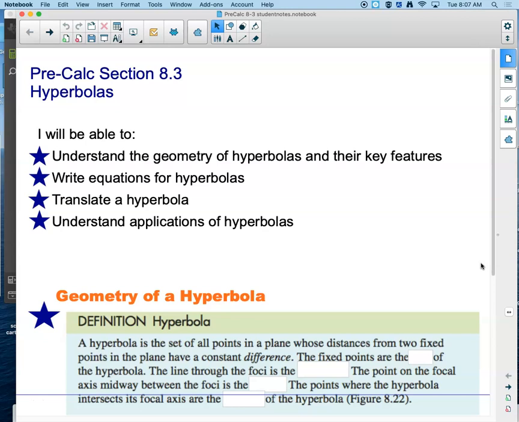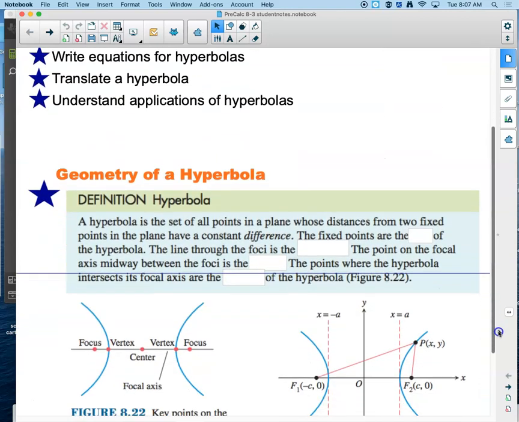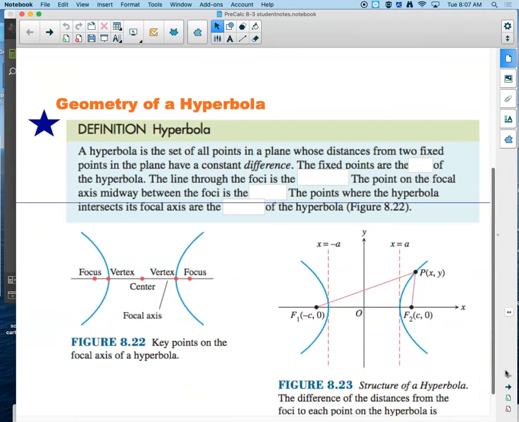So, how is a hyperbola a different conic than an ellipse? Well, first of all, hyperbolas are like an ellipse turned inside out. If you could cut an ellipse down the middle and then turn it inside out, you've got a hyperbola. And that happens because instead of talking about addition of the distance from the focus to a point on the ellipse and back again, we're talking about subtraction.